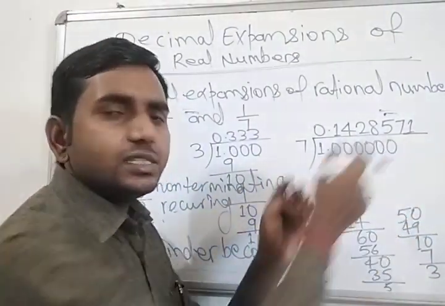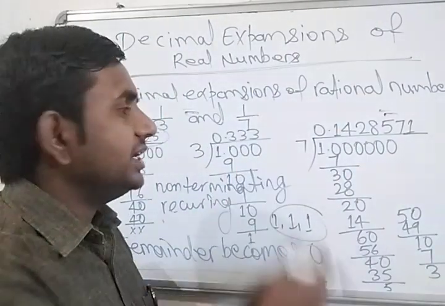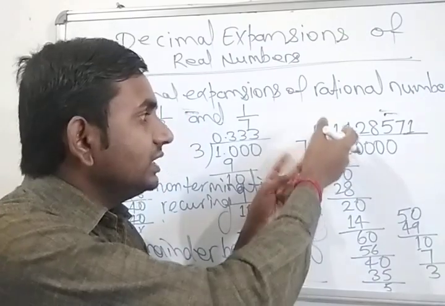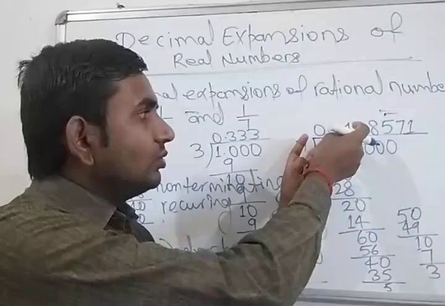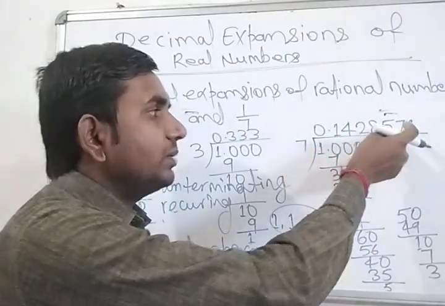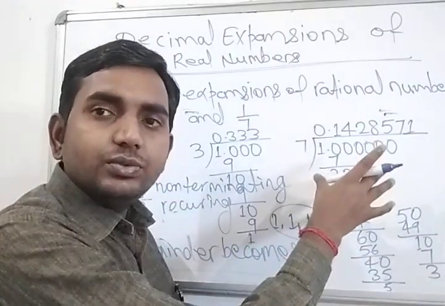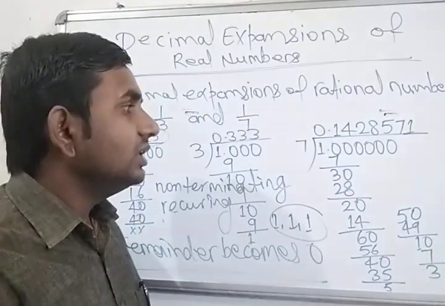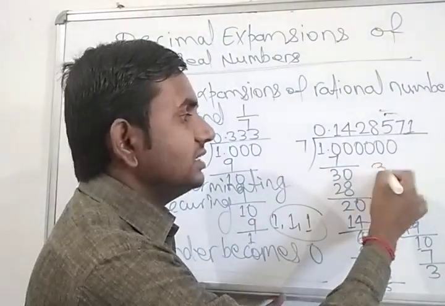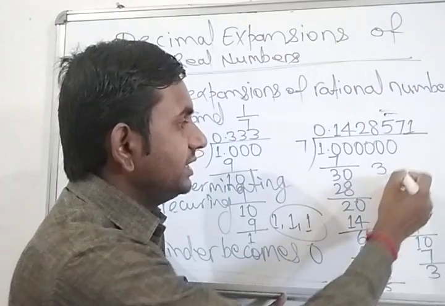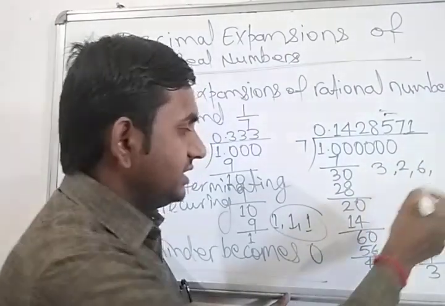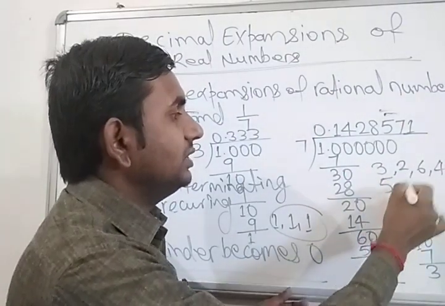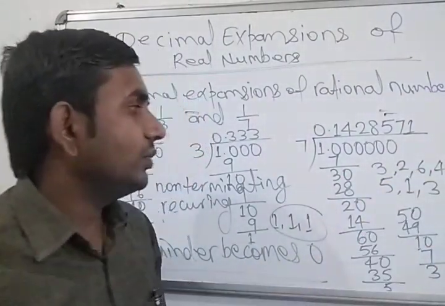In the third case, we have 1 by 7 and we want to find its decimal expansion. After dividing, we find 0.14285 in the form of quotient. Here we have remainders: in the first case 3, then 2, then 6, then 4, and after 4 we have 5, then 1, and again we got 3.